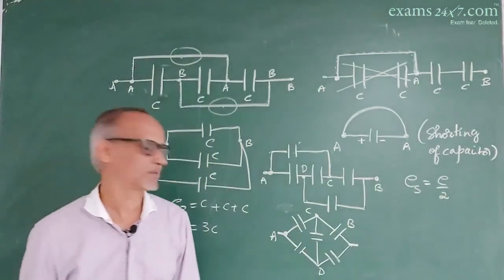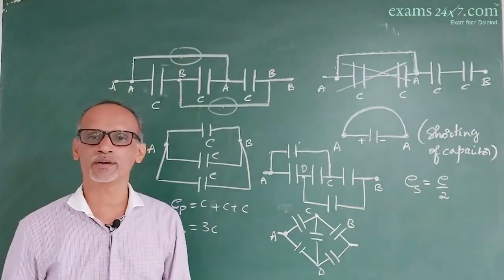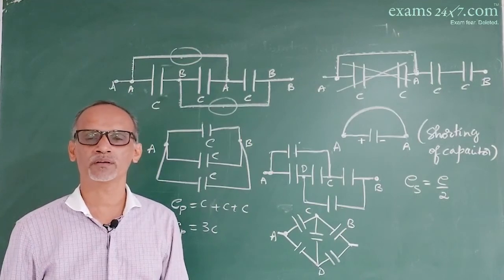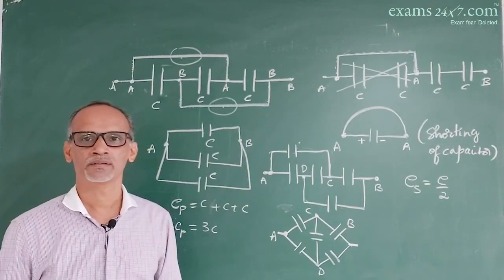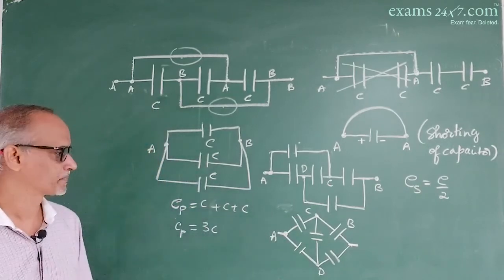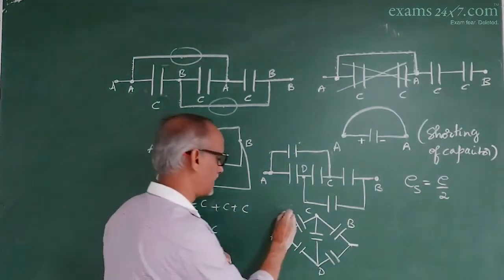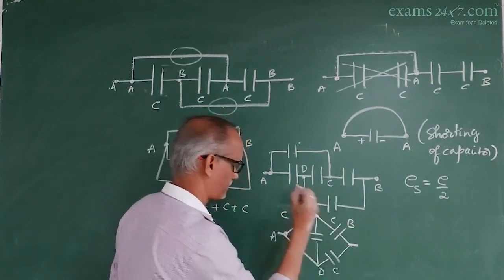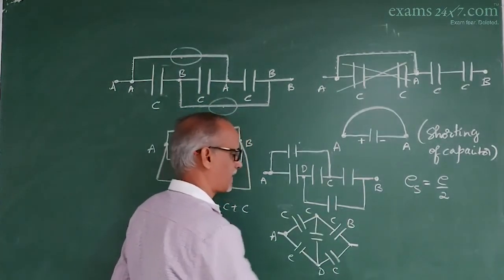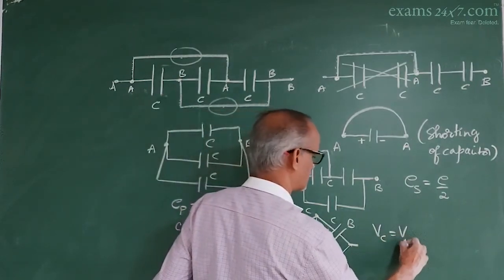So this is a circuit which is equivalent of Wheatstone's network of resistances, similar to the Wheatstone's network of resistance. And since they are identical, the point C and point D will be at same potential.